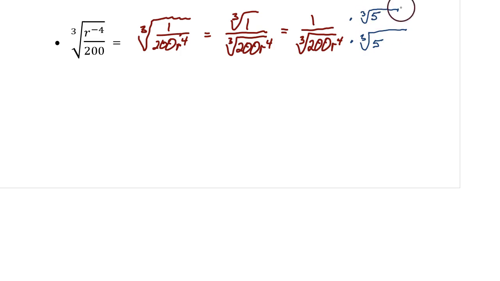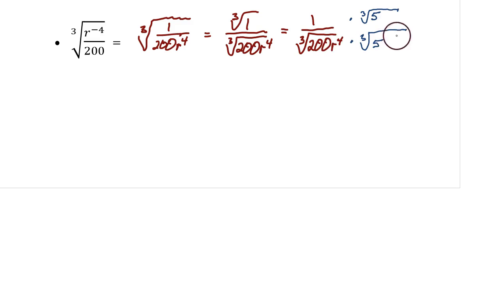Now let's also think about the variable r. Right now, the cube root of r to the 4th power doesn't work out nicely because this power is not a multiple of this index of 3. Well, what could we turn r to the 4th power into so that we can take the cube root of it and get a nice result? The one that occurs to me is r to the 6th power, because if we had r to the 6th power, then we could find the cube root.